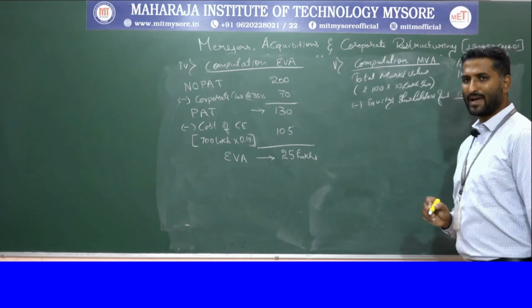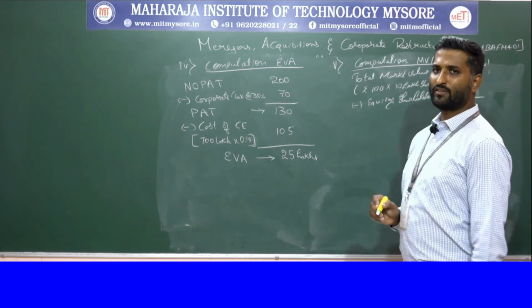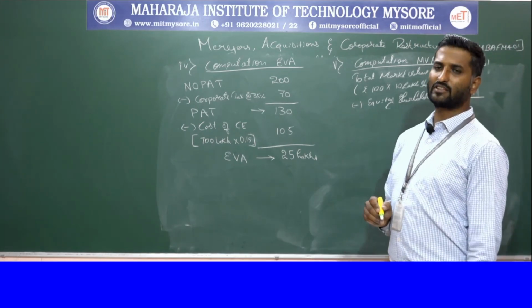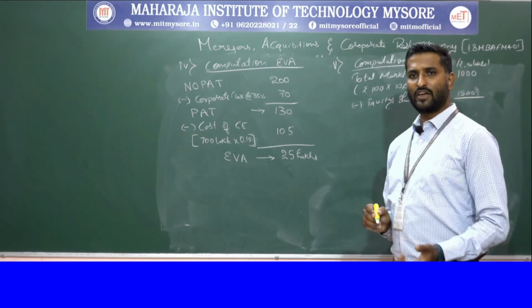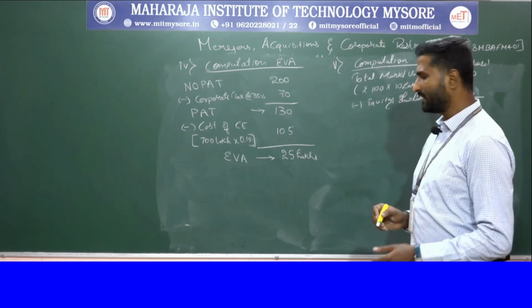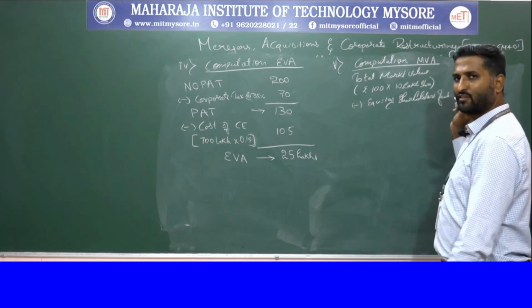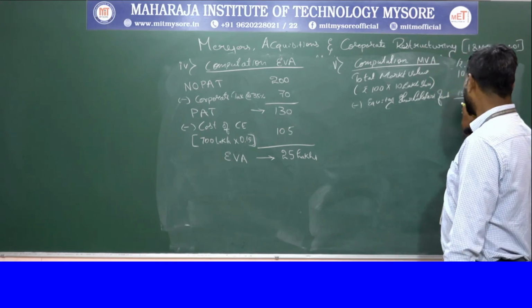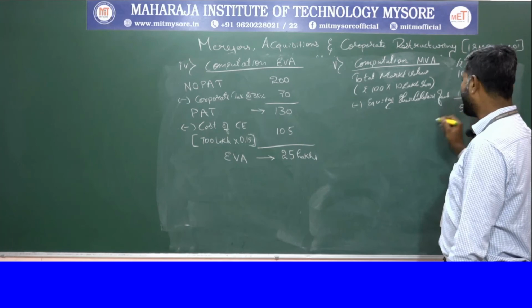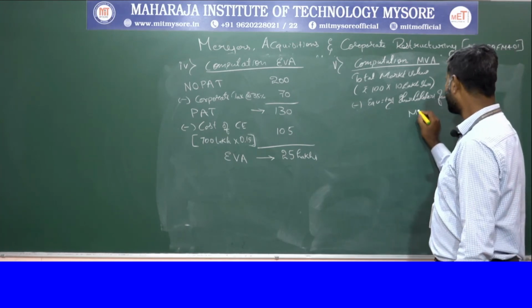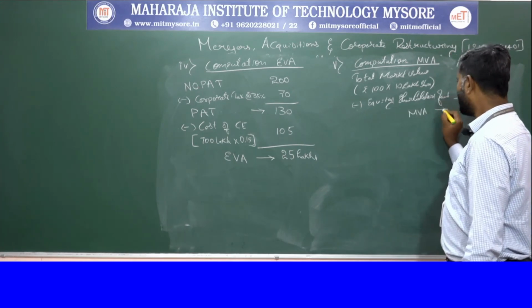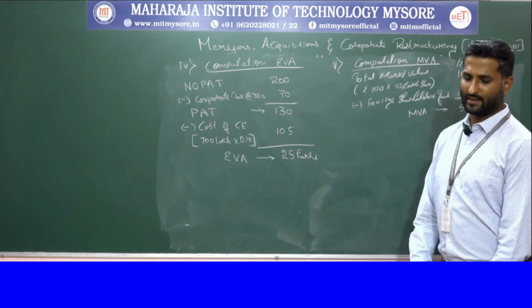You can see that in the balance sheet, where we have the equity shareholder fund in connection to the share capital, reserves and surplus, where we can take a total of it. That amounts to rupees 500. So therefore the market value added will be 500 lakhs.